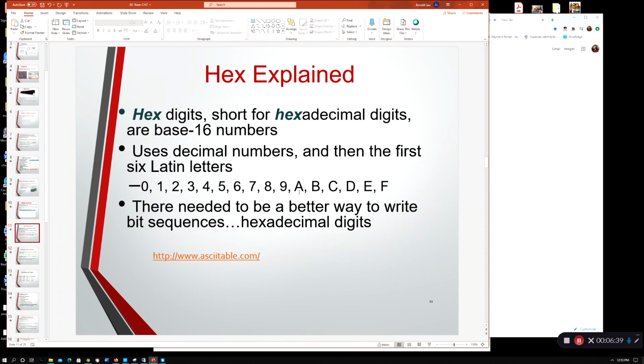Now you can't go to 10 or 11 because that becomes two digits. So that's why you start going into alpha: A, B, C, D, E, F, and that makes up the last 6 digits of base 16, of hex.